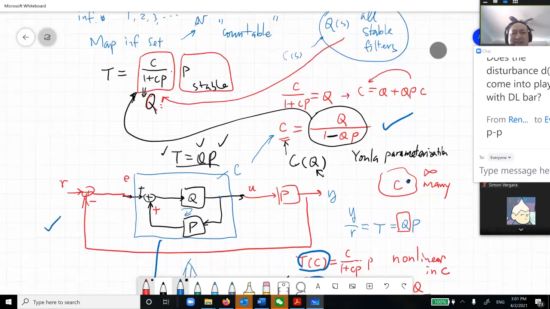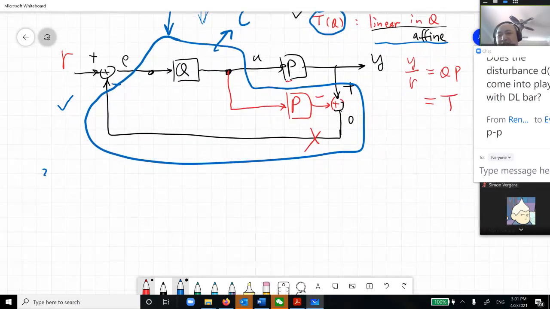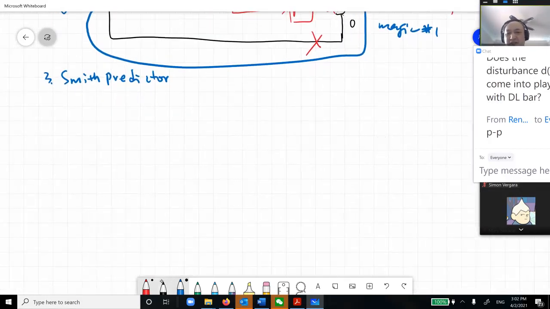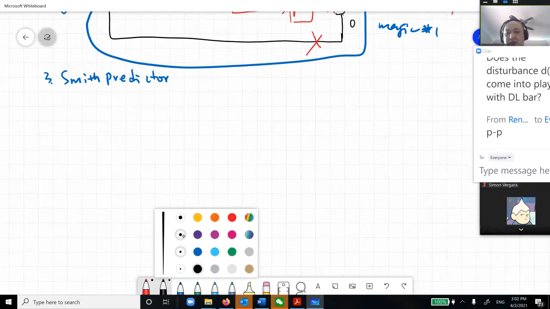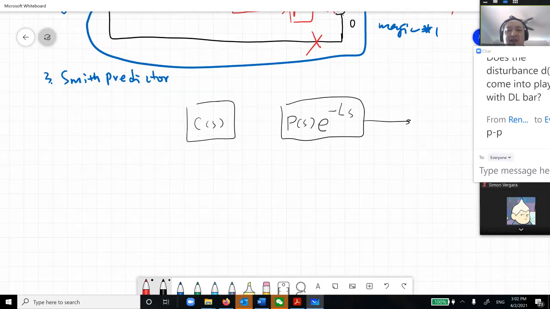And you may say, wow, how is this useful? Now I'm going to show you number 3, called Smith's predictor. I showed you magic 1. I'm going to show you magic 2. Everybody knows you have a system you want to control, but actually you also have a delay in here, and you also have a controller you design in here.